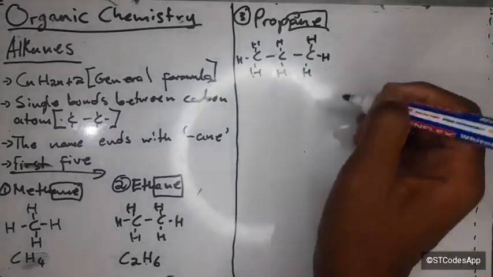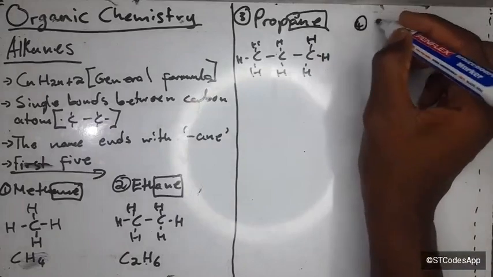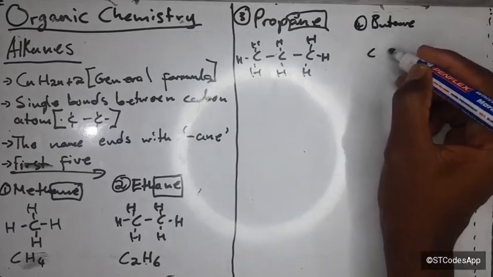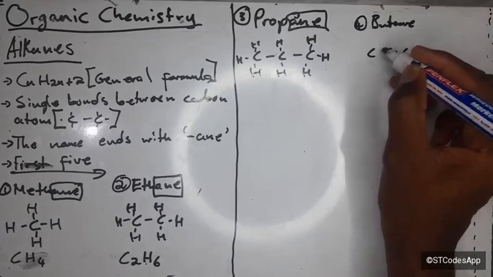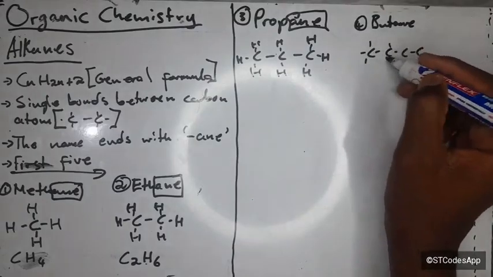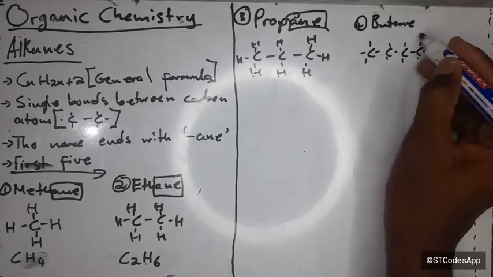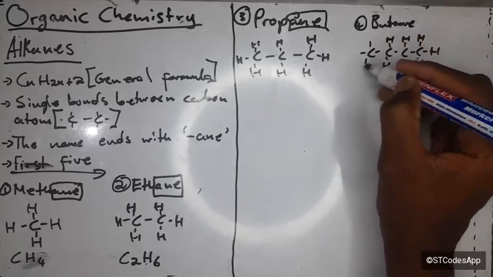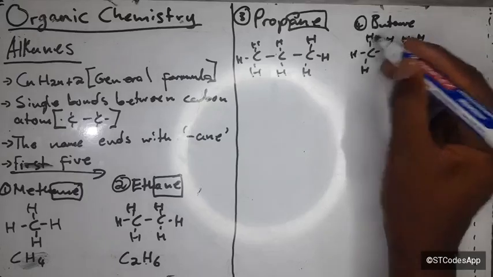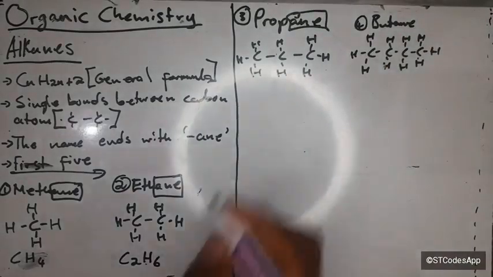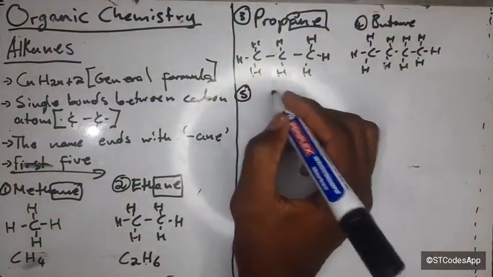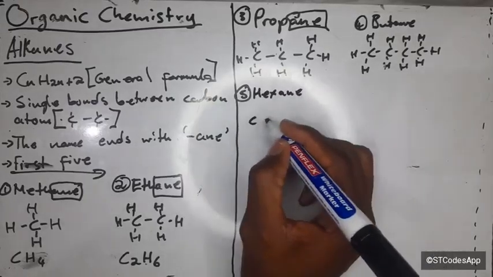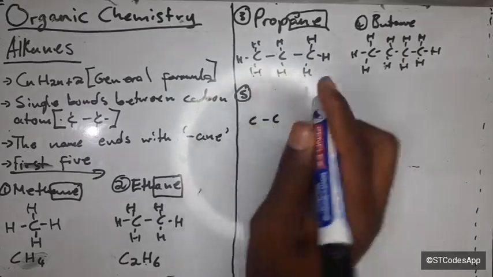Then number 4 is what we call butane. That's 1, 2, 3, and 4. Then number 5 is pentane.